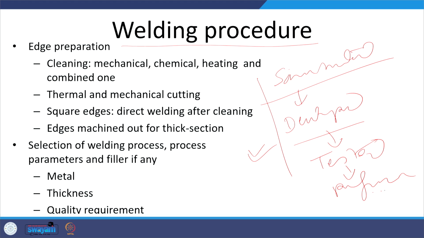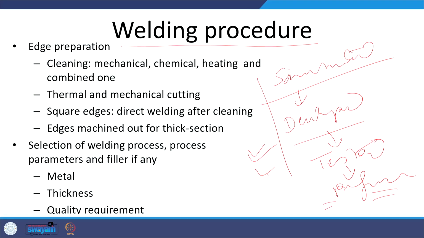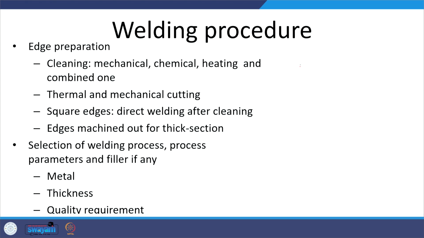But if the joint developed in the course of developing the welding procedure is not performing satisfactorily, then the welding procedure is adjusted suitably in order to develop a joint which delivers the desired function expected from it. Okay.